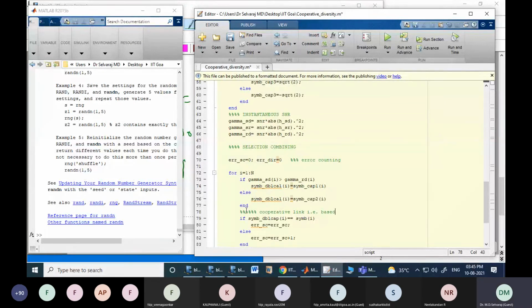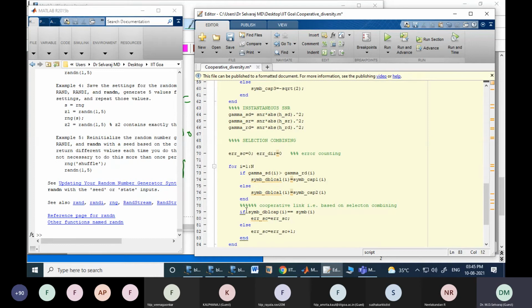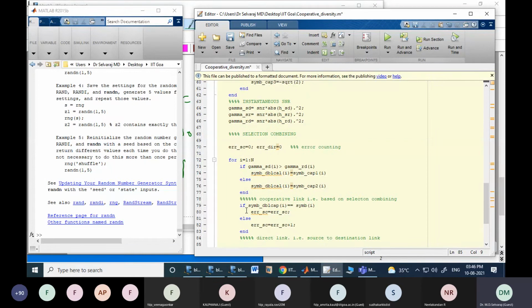Now suppose the direct link, the source to destination link alone, without this relay. What would be the error? I also want to count that error, because only then will I know which is better.